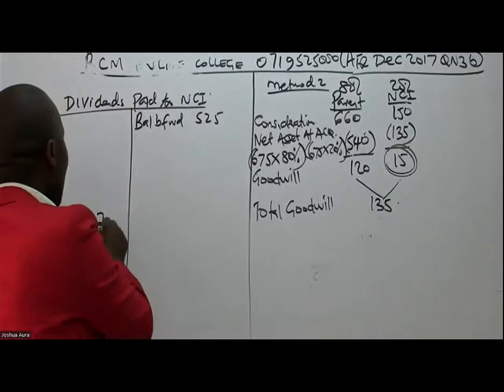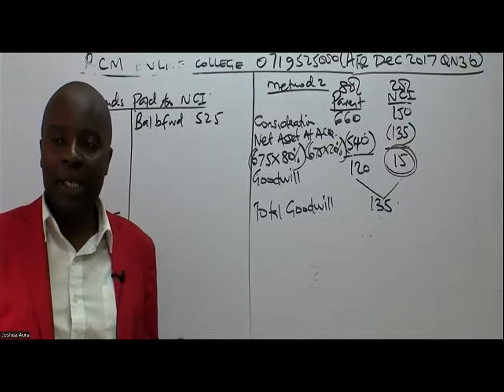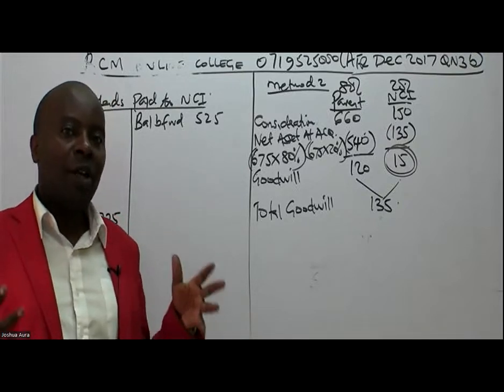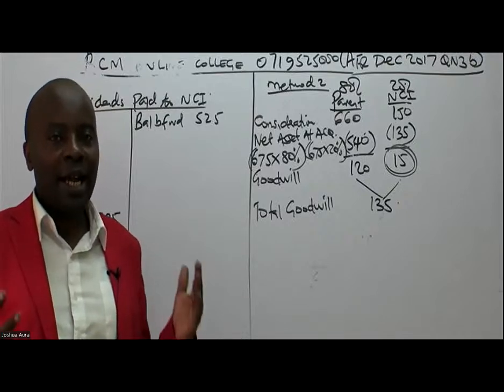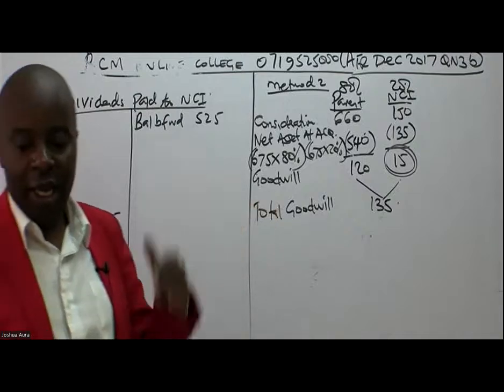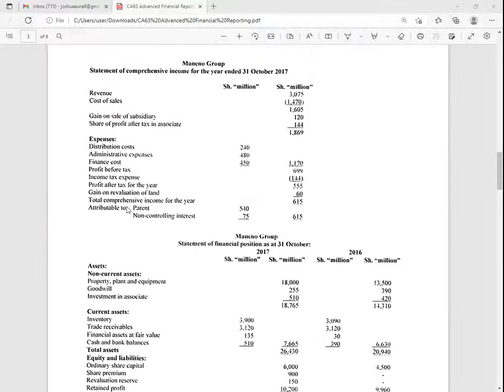So remember, NCIs also share in profitability. During the year, we had some movement in their account in the form of the share of profit they received. You can see from the income statement, attributable to parent and attributable to non-controlling interest, that we gave them 75.